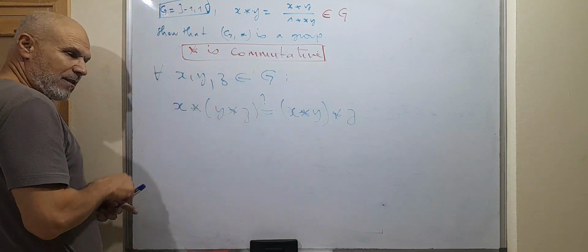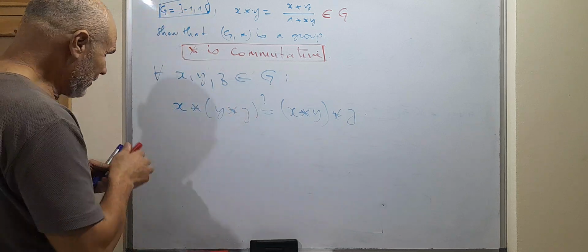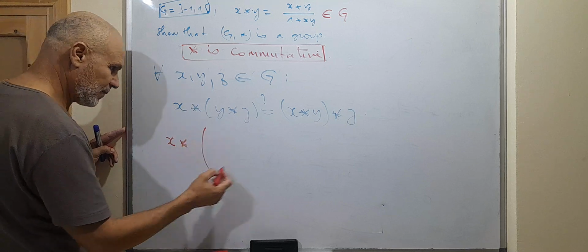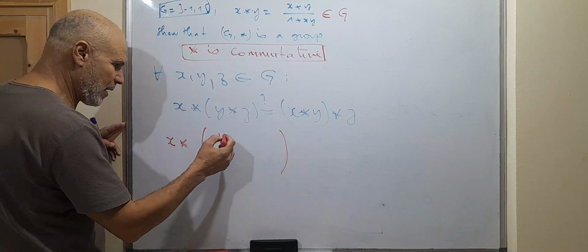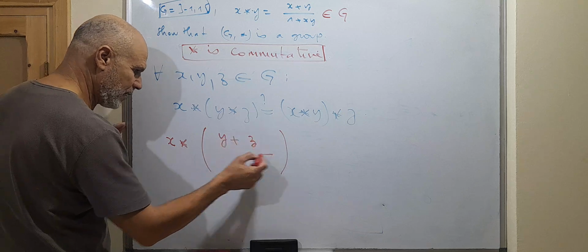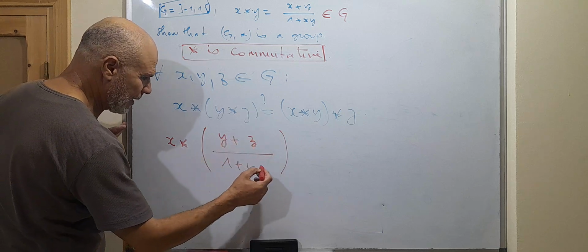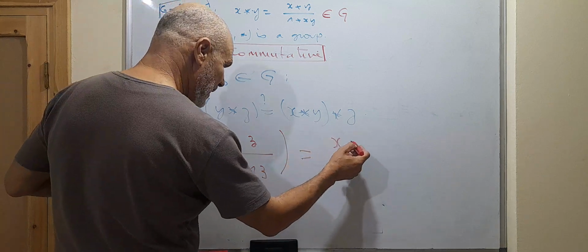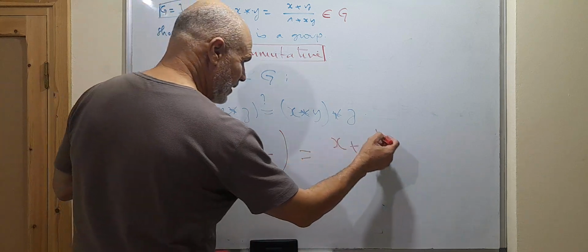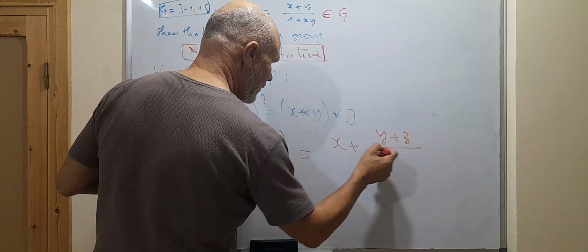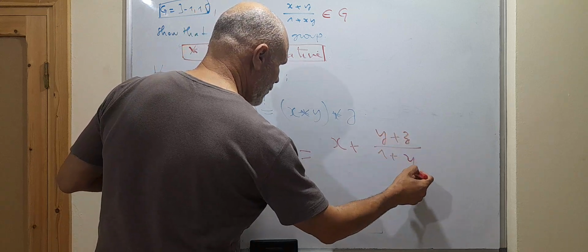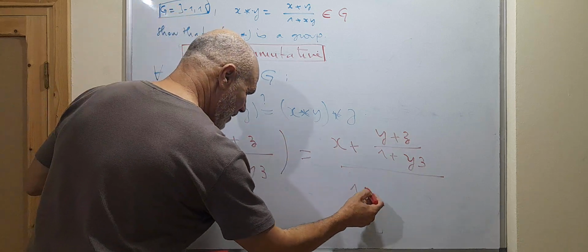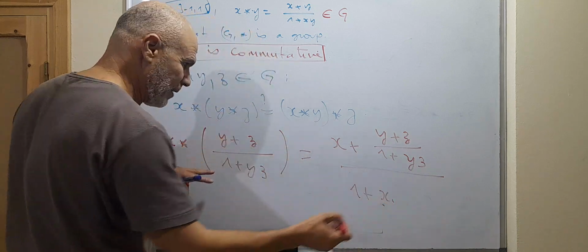Actually, it is a simple verification. Here we have x star the element (y + z) over (1 + yz), which is equal to x plus the new element over 1 plus x times the new element.